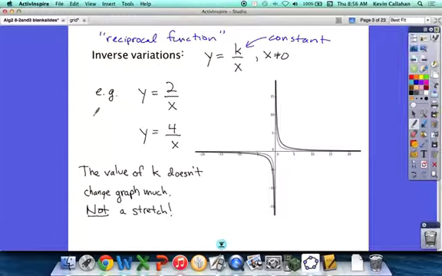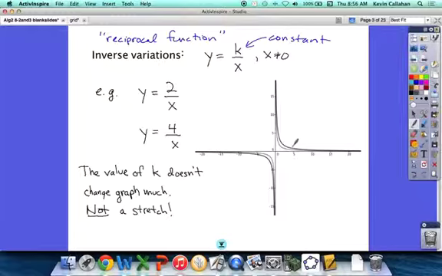Okay, that's inverse, right? So inverse variation, I've graphed 2 of them on this here. Y equals 2 over x and y equals 4 over x. The 4 over x is the more solid line right there. But notice the difference in the shape. By changing the 2 to a 4, did it change the basic shape very much? No, it doesn't.